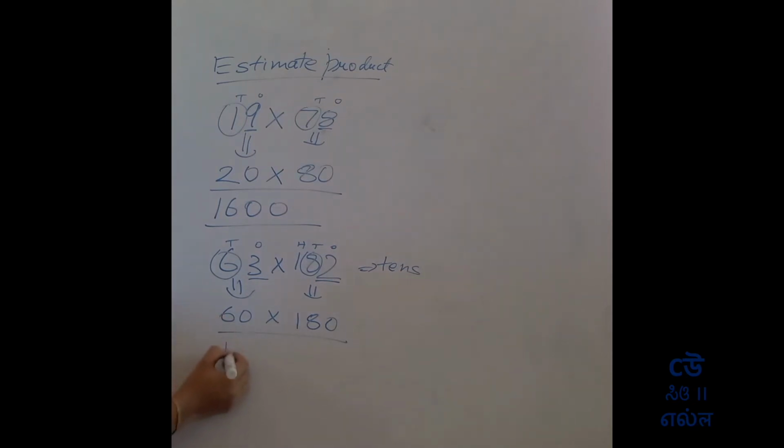Answer will be 10,800. Okay, so this is how you quickly multiply these numbers. This is how you estimate the product of two numbers. Okay.